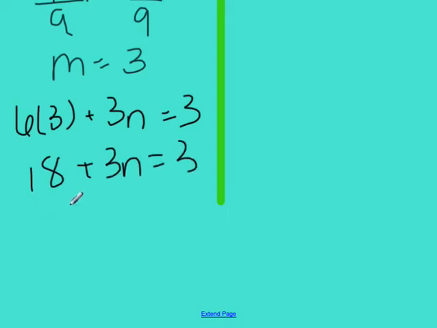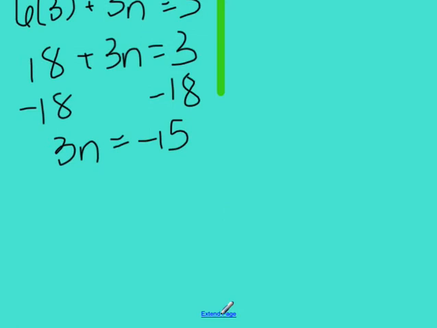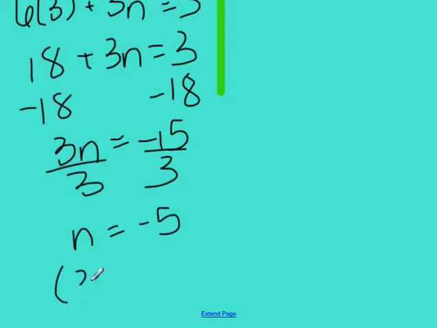So I'm going to subtract 18 from both sides. So we get 3n is equal to a negative 15. Divide both sides by 3, and we get that n is equal to a negative 5. So then I'm just going to put that in the parentheses in alphabetical order. m is 3, n is negative 5. So that's your answer for number 5.